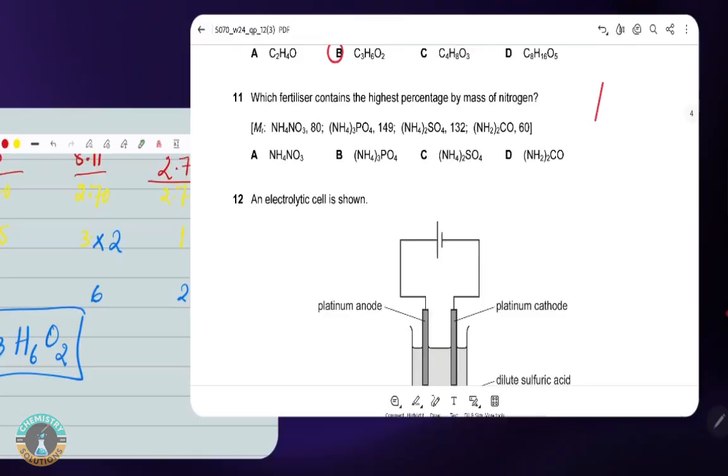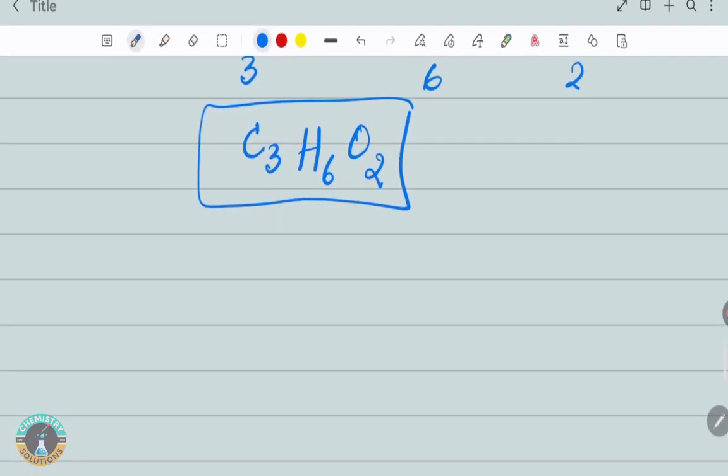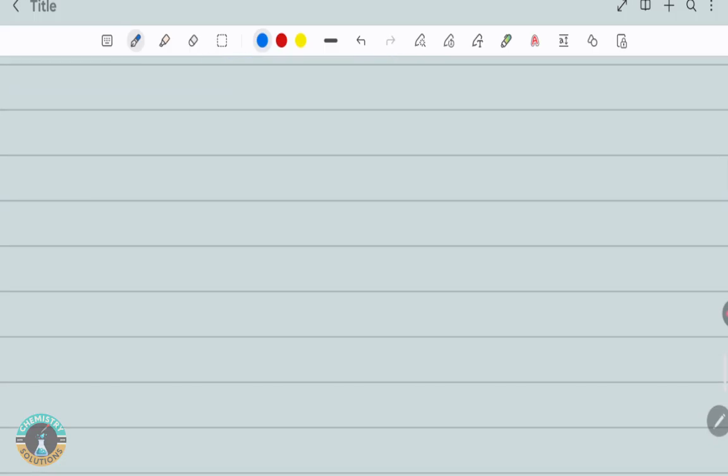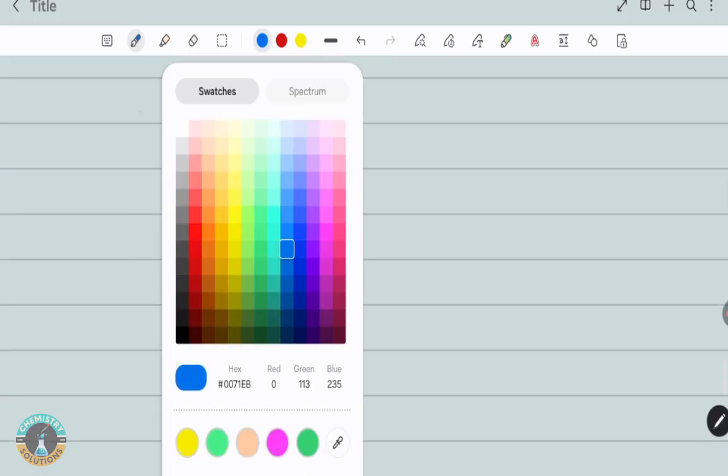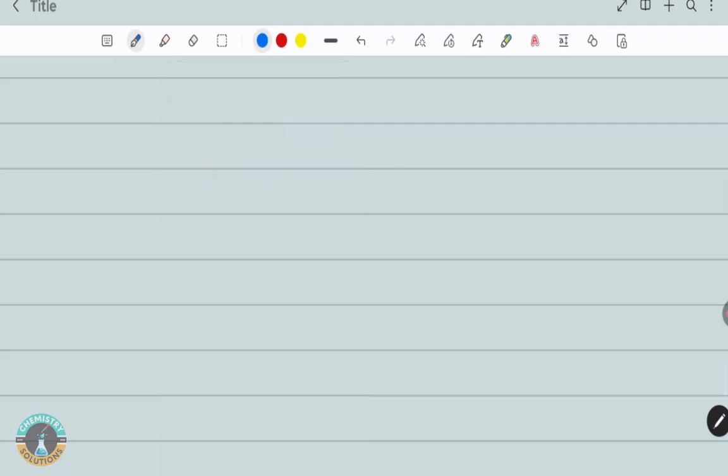There is less space here, so let me write it on the board. In the question we have ammonium nitrate. The molecular mass of all the compounds is given. We have ammonium nitrate, ammonium phosphate.